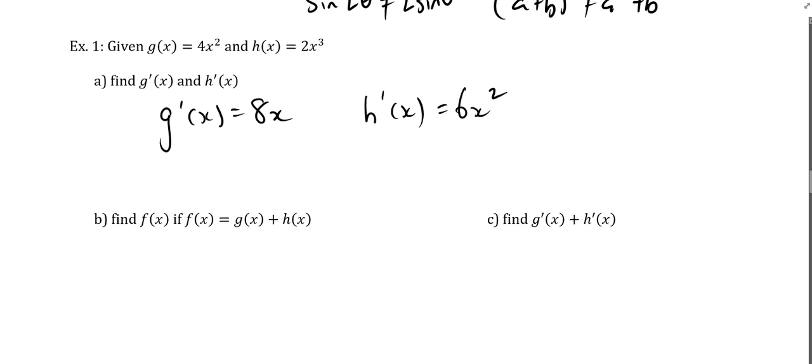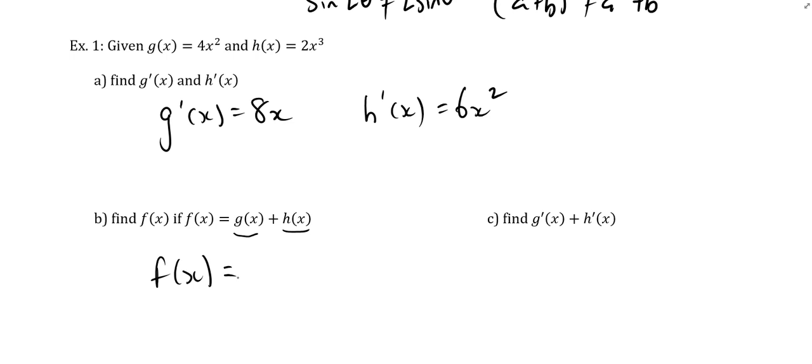So function notation, f at x, if f at x is g at x plus h at x, so then f at x would equal, there's no work here to do. Mary Lou, did you do it? Hold on, I think you gave me C. You can give me B too, right?